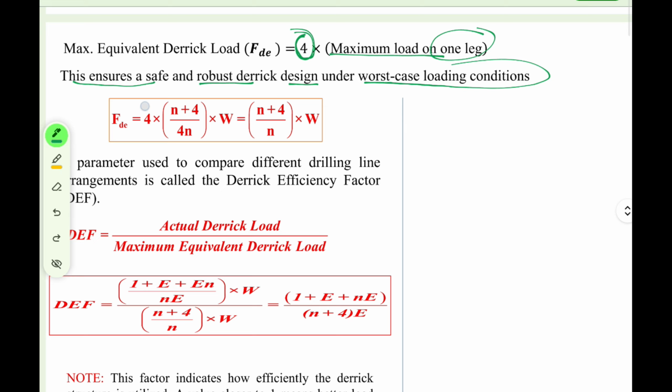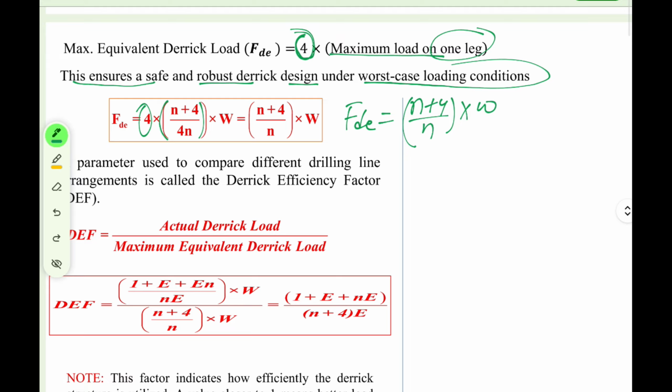This is 4, and this leg is experiencing this much load. If you calculate, then FDE, the maximum equivalent Derrick load, you are going to get 4 by NE multiplied with W in the case of leg A. Remember this.